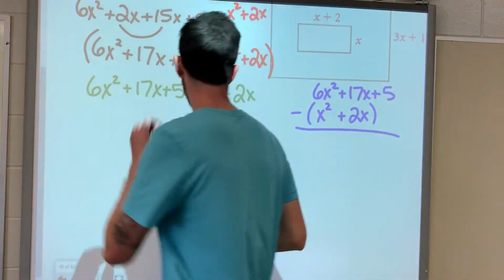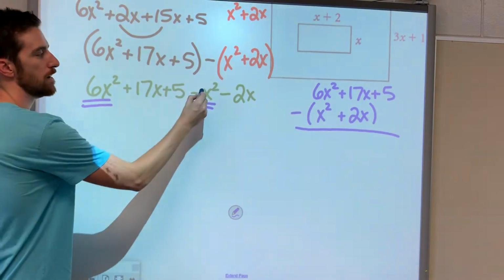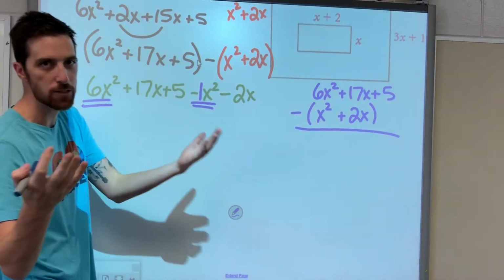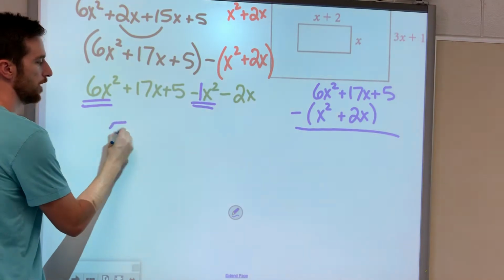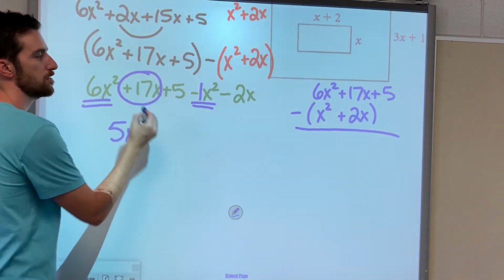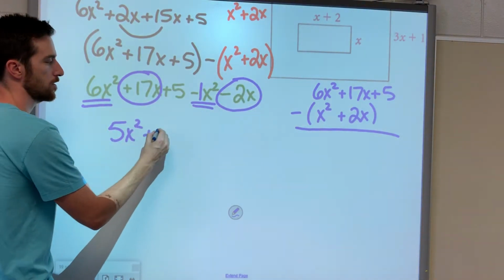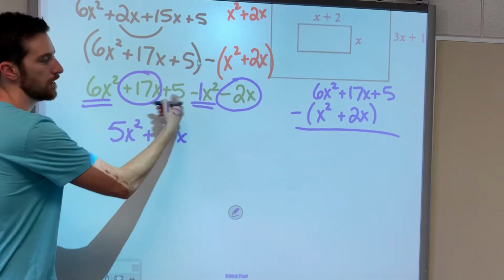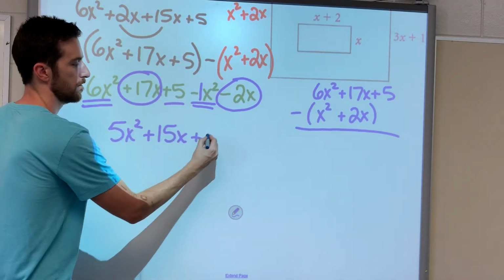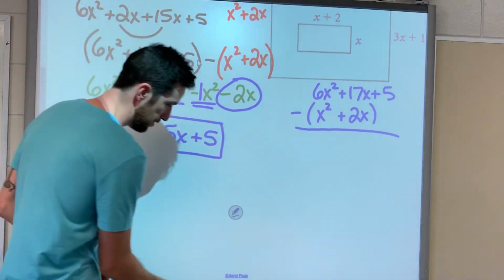Now over here, 6x squared minus x squared, or minus 1x squared. 6 minus 1 is 5, 5x squared. We have positive 17x minus 2x, that's 15x. And then we've just got the plus 5. It's in standard form. It's all simplified.